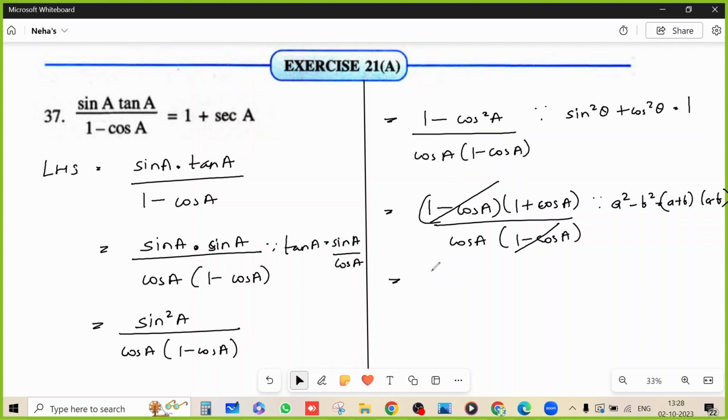Now we can write what's remaining as 1 divided by cos A plus cos A divided by cos A. 1 divided by cos A will become sec A, and this is plus 1, which is equal to the RHS, and hence we have proved.